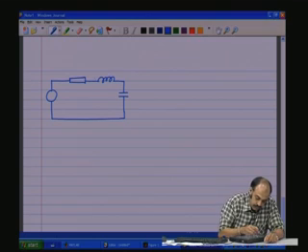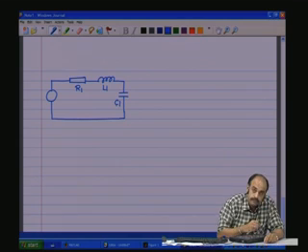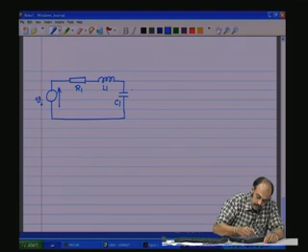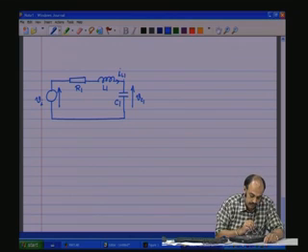Now, I will call this one R1, L1, C1, VI, and there is Vc, there is a state variable Vc1, there is a current IL1 through this.